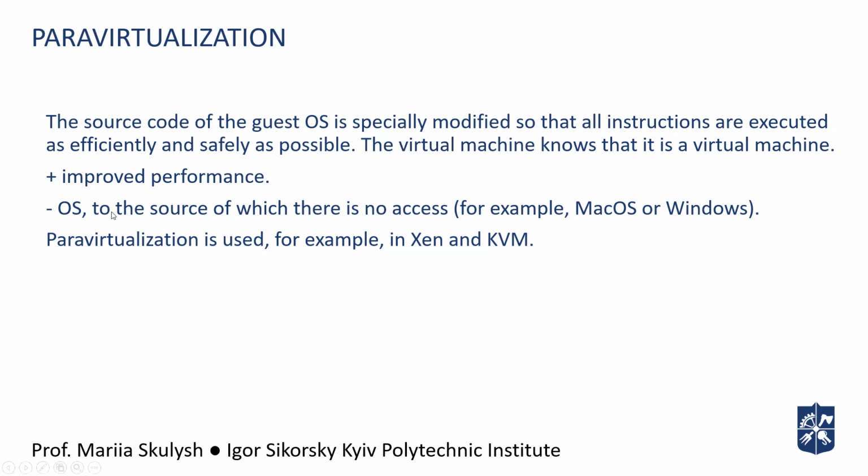So what is the better one? It's increasing performance, improved performance. We have more possibilities to process. On the other side, for an operational system whose source we have no access to, this technology can be used.